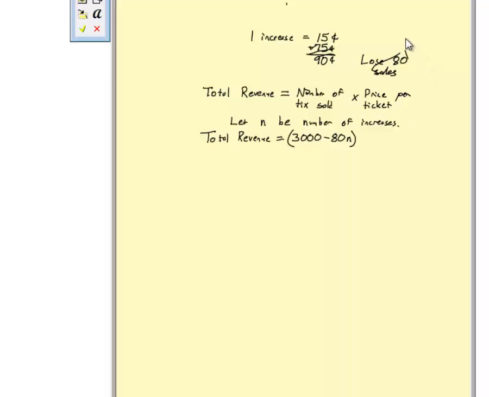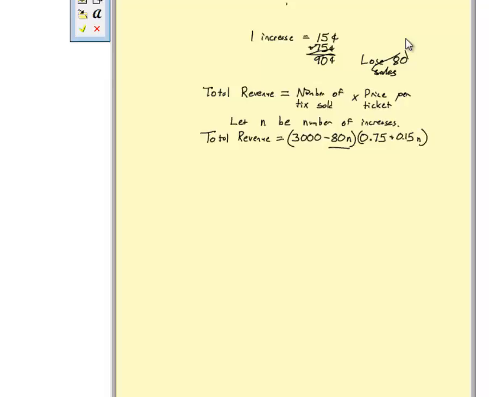Now our total revenue is going to be 3,000 minus 80 tickets for each increase that we allow to happen. And the price per ticket is going to be 75 cents plus an extra 15 cents for each ticket price increase.